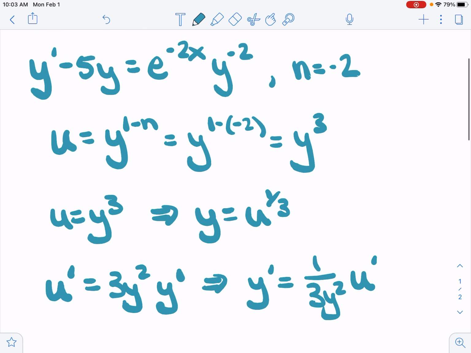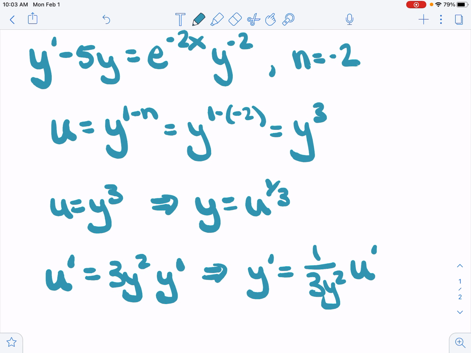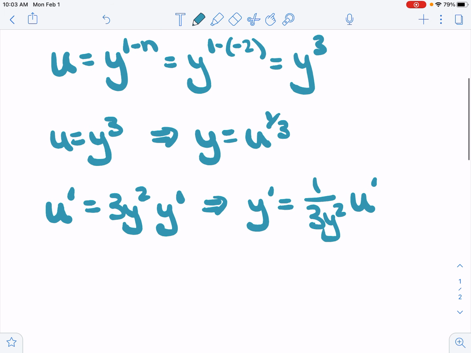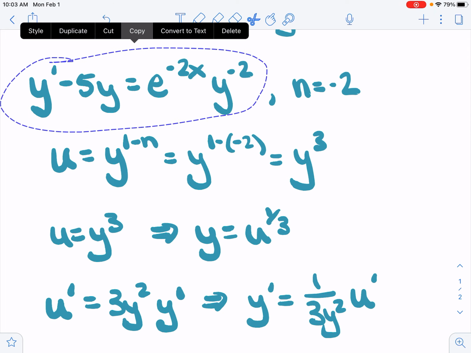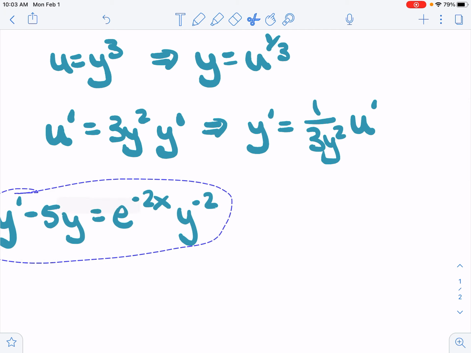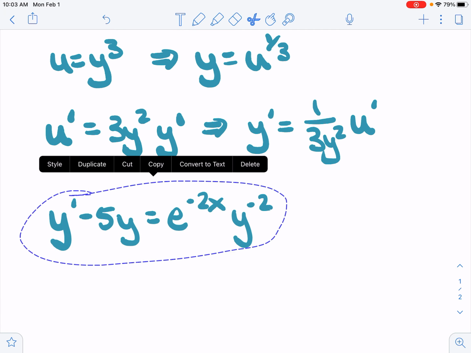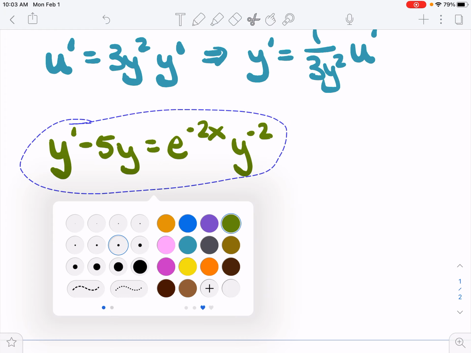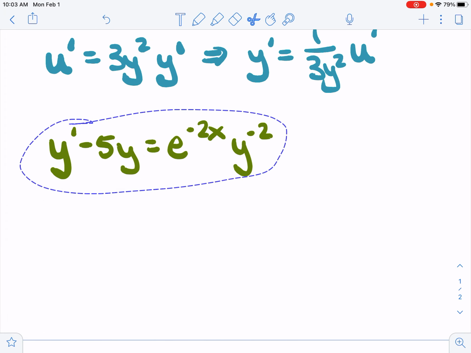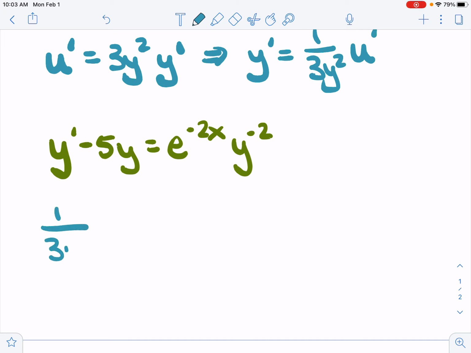And let's go ahead and plug back into our differential equation now. Let me write this differential equation again where we can see it and work with it. So that's just a reminder of what the differential equation is. And our substitution looks like 1 over 3y squared u prime minus 5 times y.